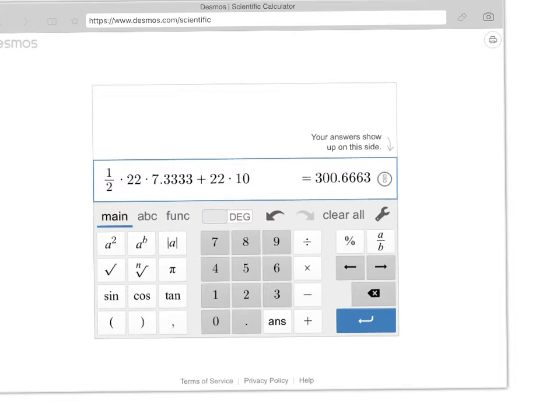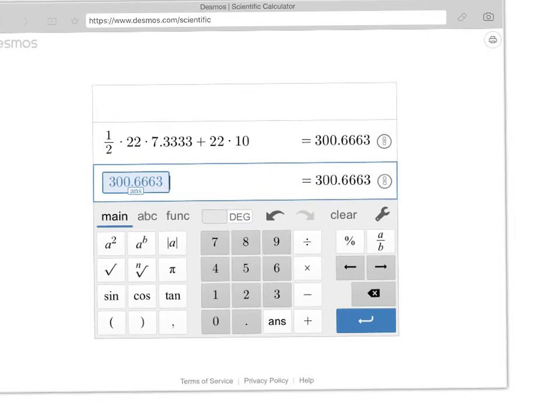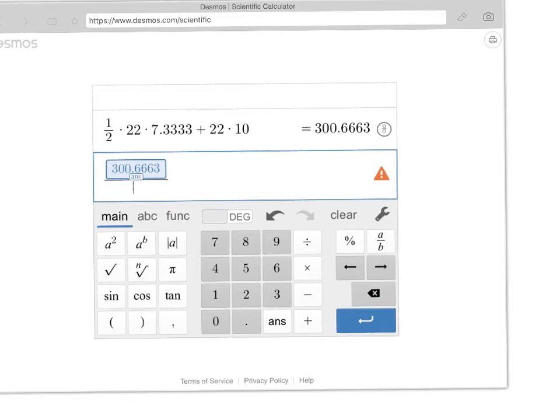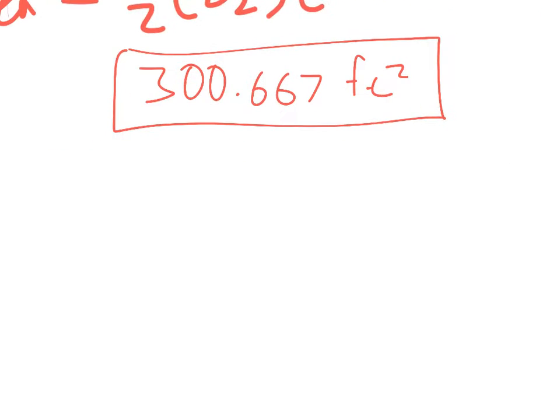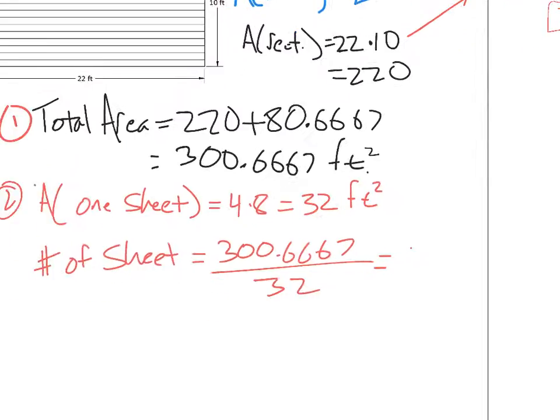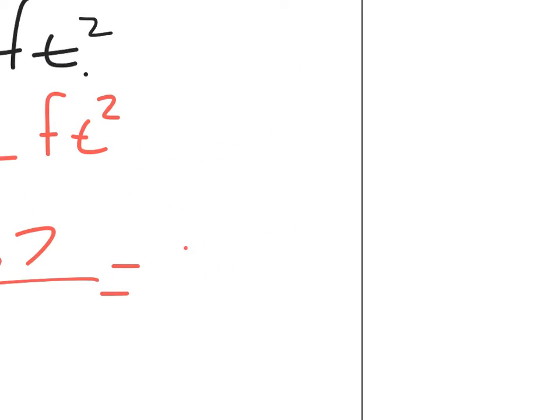So I'll just enter there, answer, divided by 32. And so we need 9.39, all right? So we need 9.39 sheets. Now, can we go to the store and buy just 0.39 of a piece of plywood? 9.39 boards or sheets is really the better word.